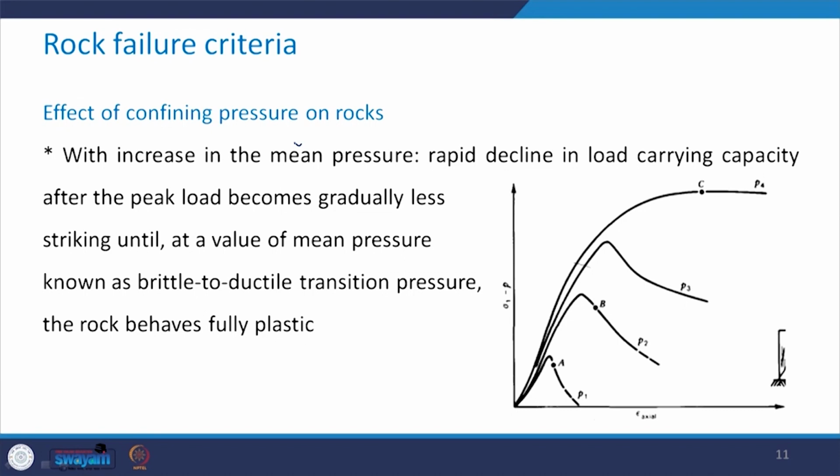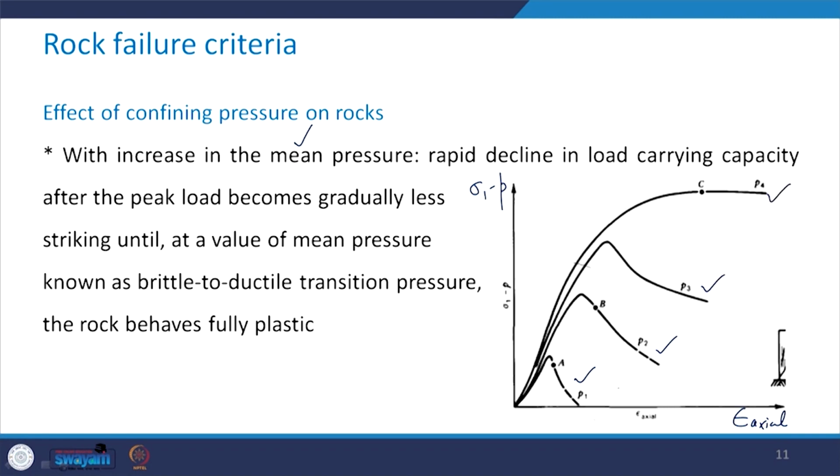Now another aspect: what happens when we increase the confining pressure, or what we are calling here the mean pressure. Have a look here, there is a plot between epsilon axial and sigma 1 minus P. P is being represented as the mean pressure, which is nothing but the confining pressure, and you can see that the 4 plots are there.